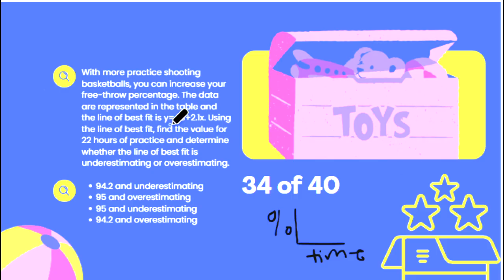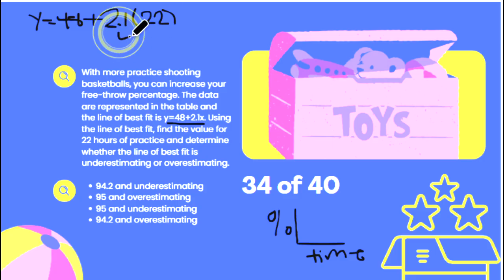Okay, so we have our formula right here, and it wants to know the value for 22 hours of practice, so 22 is going to be our x value. So y is equal to 48 plus 2.1 times our x, which is 22 hours. Let's grab our calculator. 2.1 times 22 gives us 46.2.